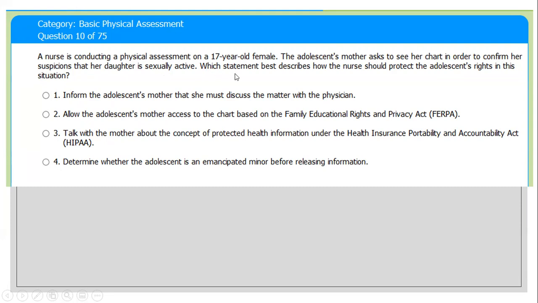Which statement best describes how the nurse should protect the adolescent's rights in this situation?